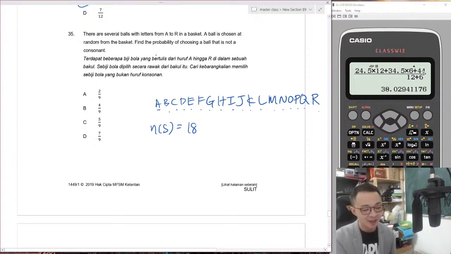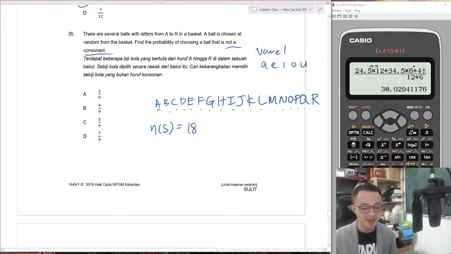They asked me to find the probability of choosing a ball that's not a consonant. Not consonant basically means vowel. Vowels are A, E, I, O, U.